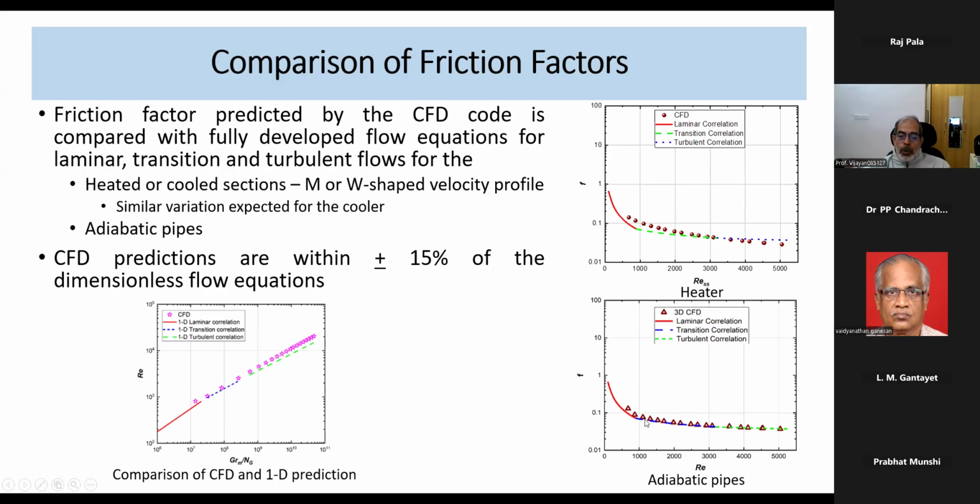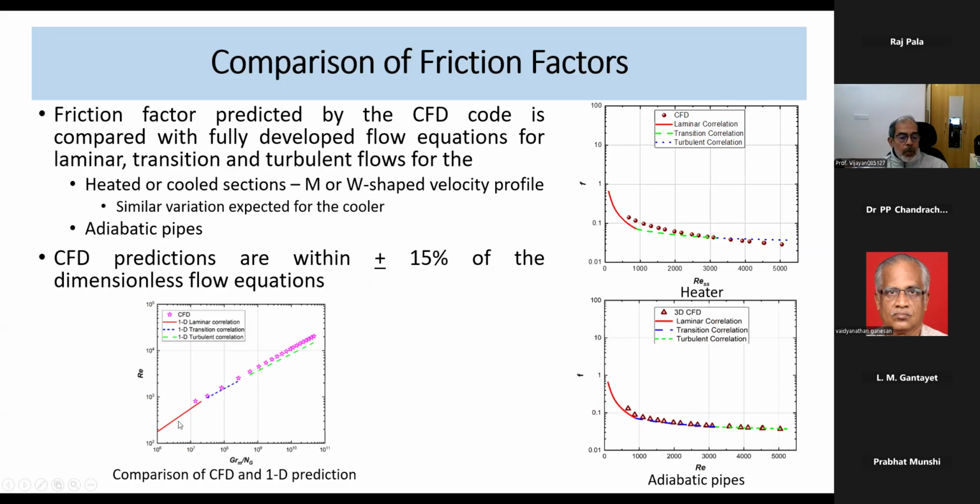Whereas at the other places where the parabolic or the turbulent profile exists, you find the agreement is very good, practically within 1% or 2%. And that's the reason why the predicted flow is well within 10 to 13% if you use CFD and compare with that correlation.